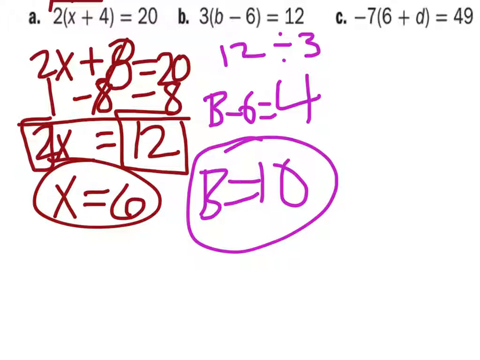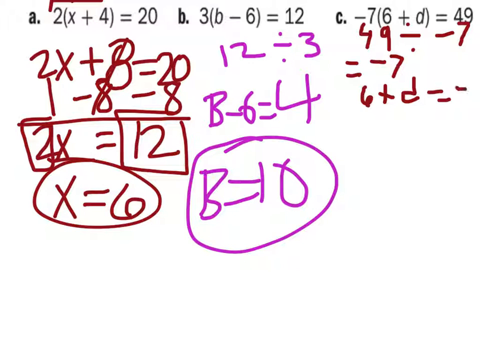Okay. So I did 49 divided by negative 7, which equals negative 7. And then it's 6 plus D equals negative 7.